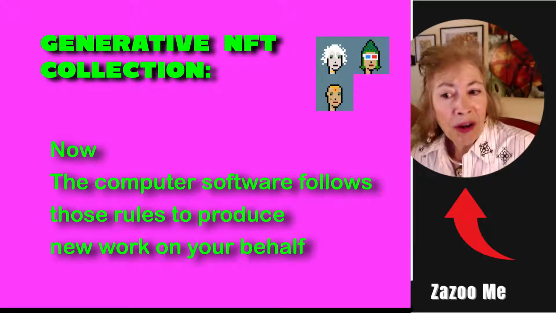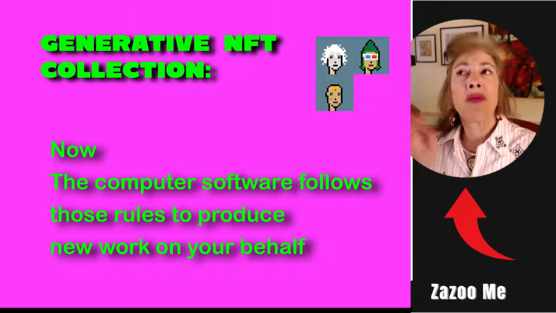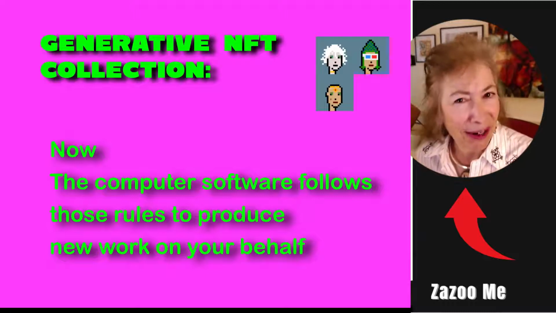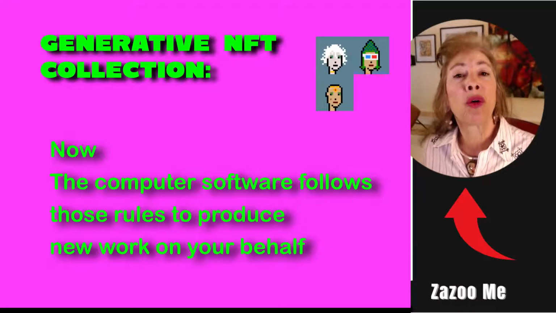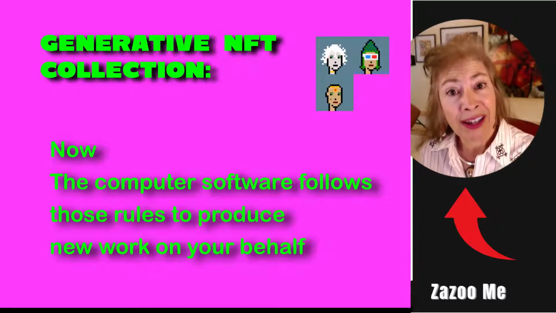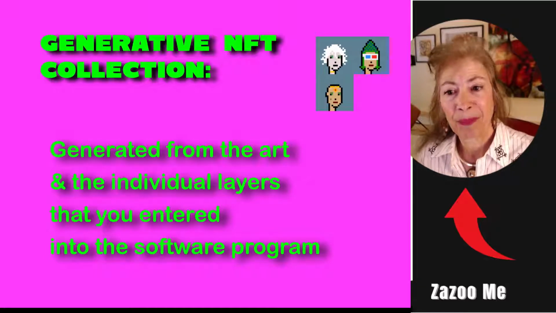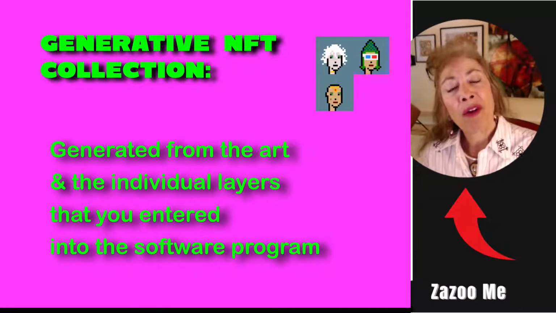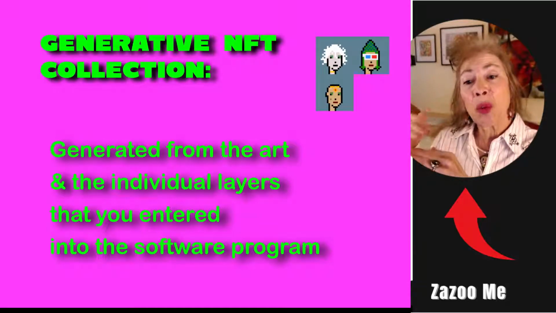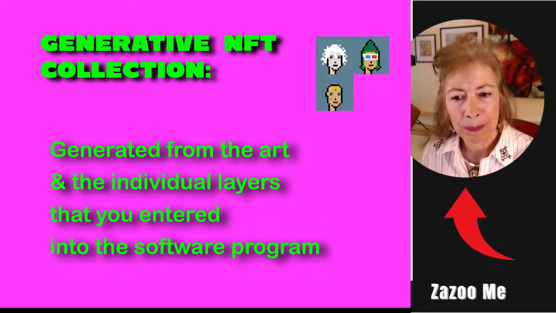Now that the computer software has that information, it will follow the rules that you have entered. So you're a very active participant in creating your own generative art collection. And those rules will produce the characters that you want to generate on your behalf. These are generated from the art that you've created and the individual layers that you entered into the software program.